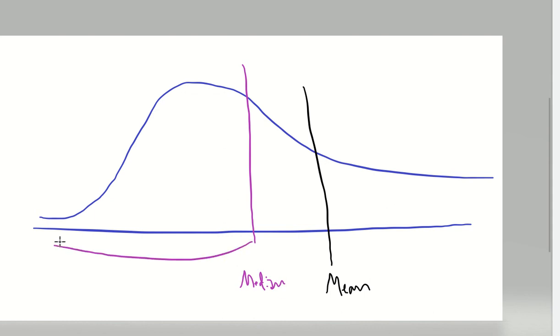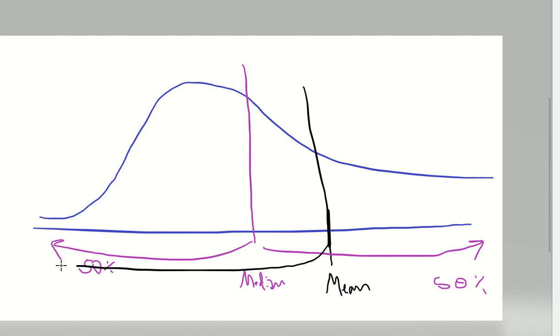That means from here and below there is 50% of the data, and from here and up, there is 50% of the data. When you look at the mean, it is here. The mean is above all of this, meaning above the 50% and an additional percentage, which could be 10 or 20 or what have you.